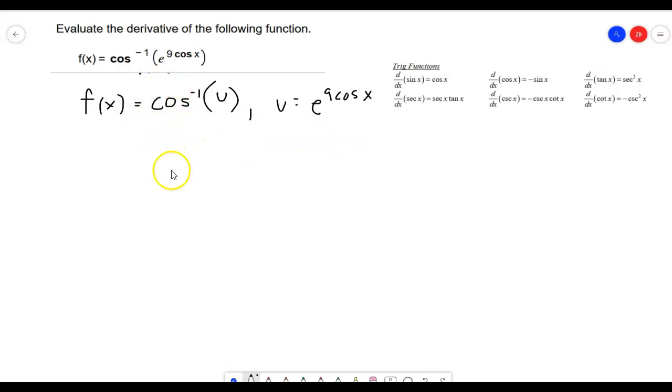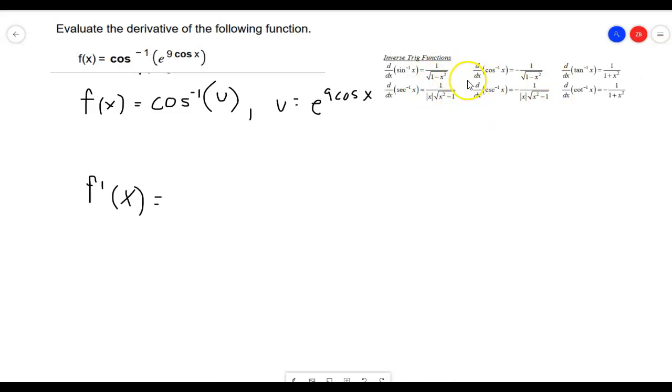All right, so what am I going to do? Well, I'm going to apply the chain rule. So the derivative with respect to x is equal to, well, what's the derivative of the inverse cosine? Well, you look over here, and the derivative of the inverse cosine, oops, I copied over the wrong ones.